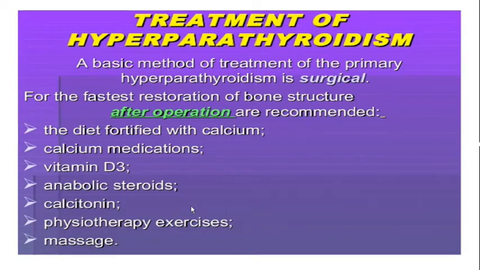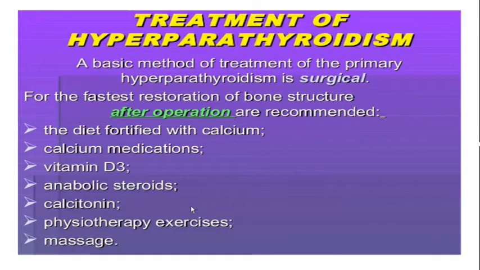The method is surgical removal of the parathyroid gland, and post-operatively it's recommended that the diet be fortified with calcium and calcium medications, vitamin D, anabolic steroids, calcitonin, and physiotherapy, exercises and massage can be tried.